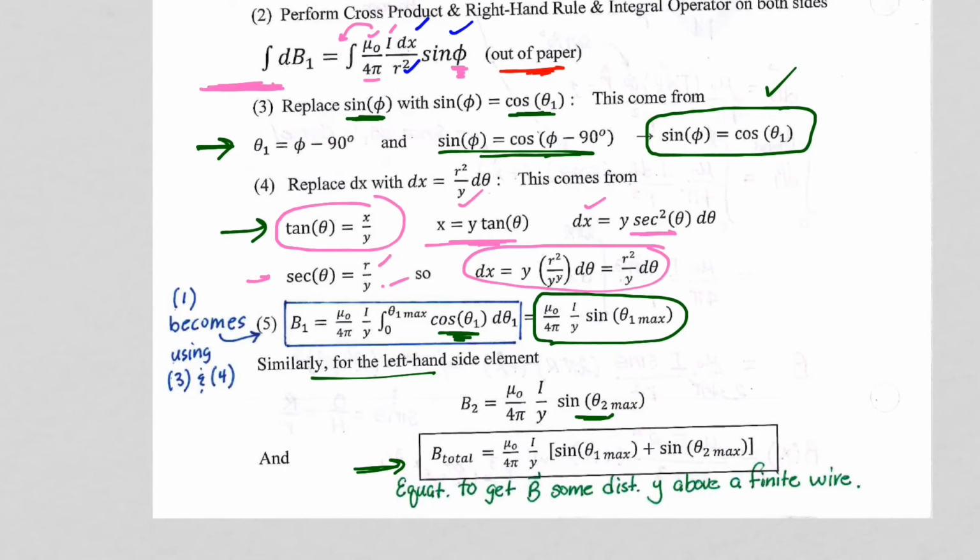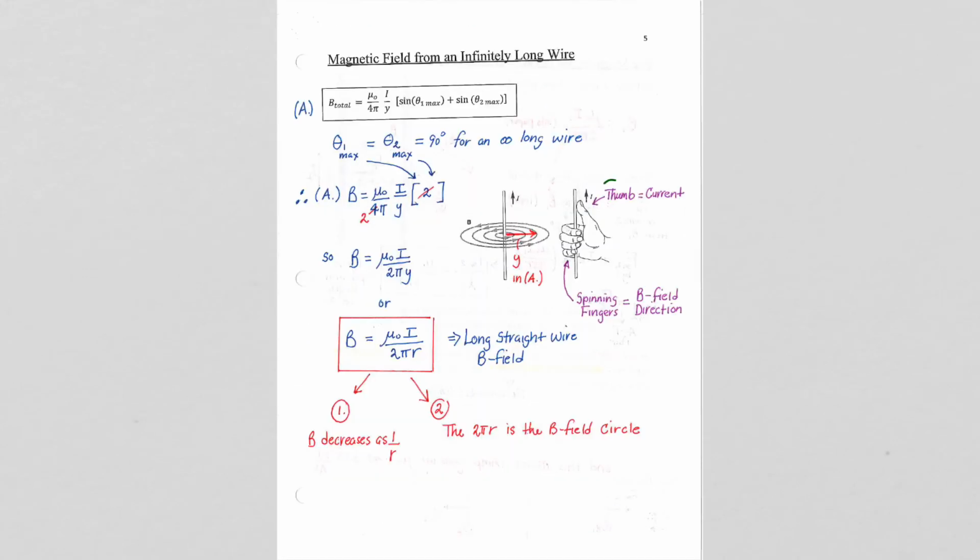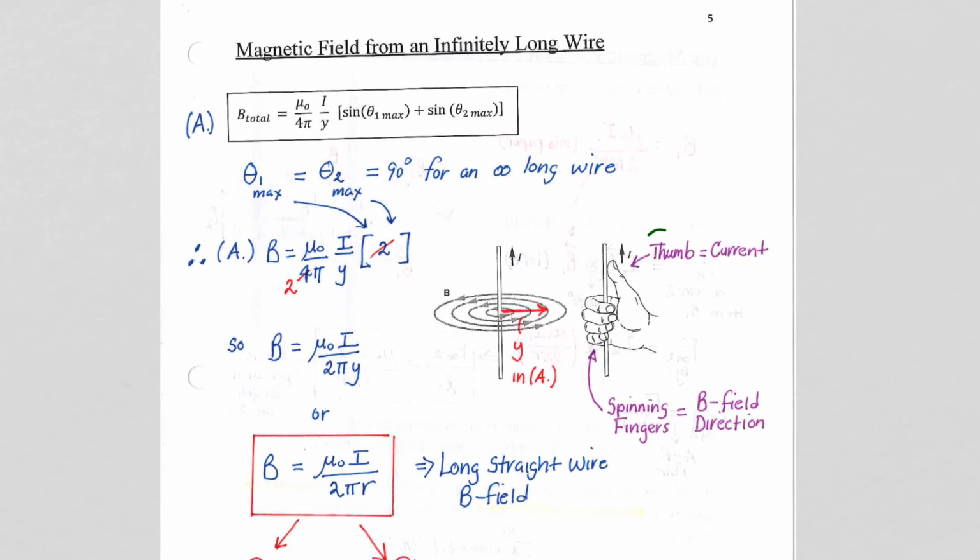But for right now, we are just going to use it to analyze what would happen if instead of a finite wire, we had an infinitely long wire. Well, if we go from a finite wire to an infinitely long wire, both of these theta 1s and theta 2s, the max, by the way, is the distance.